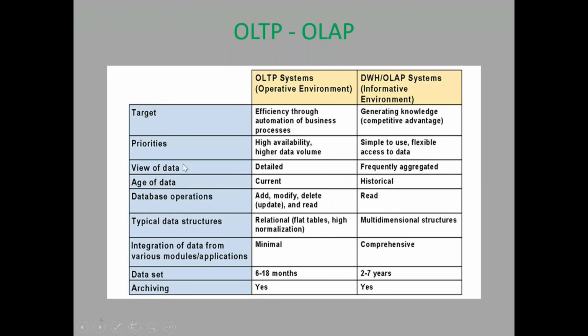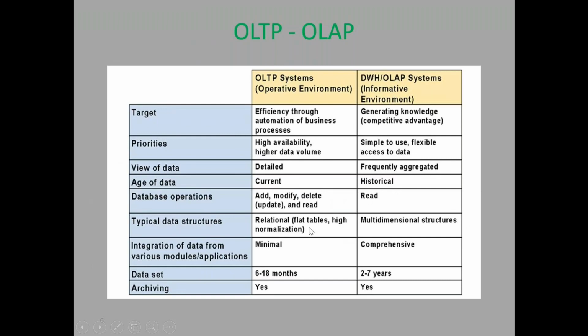For viewing of data, the OLTP system maintains detail-level data, but in OLAP the data comes from multiple modules and multiple sources, and it is aggregated. Here we have current, day-to-day transaction data, and there we have historical data. In OLTP we can create, modify and delete transactions, but once we load data into BW, it is read only.